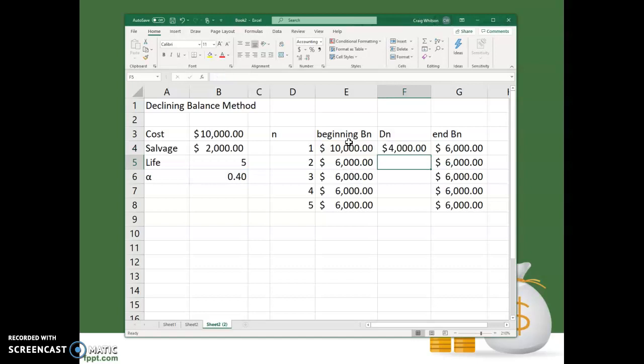Okay, so in the first year, I'm going to depreciate the asset by 40%. So it's going to go from 10 minus 4 is 6. And then the beginning of the next year is going to be 6,000. And so in the second year, I'm going to depreciate the asset by 40% of 6,000.